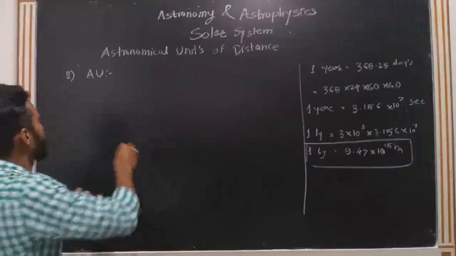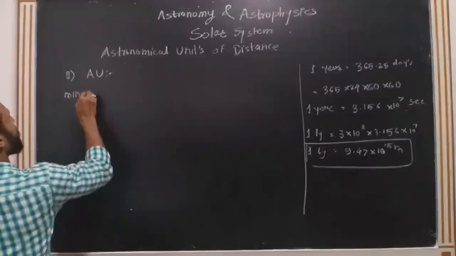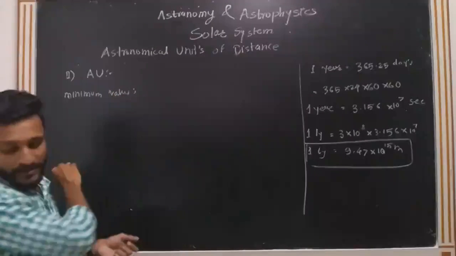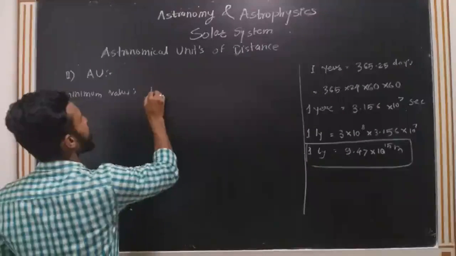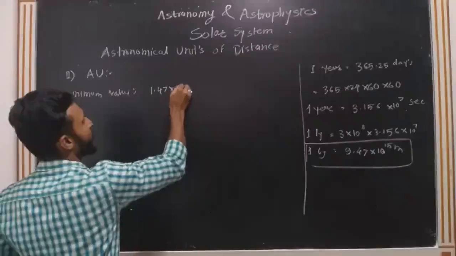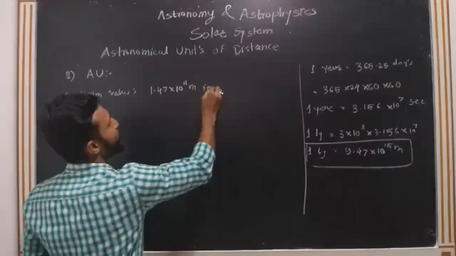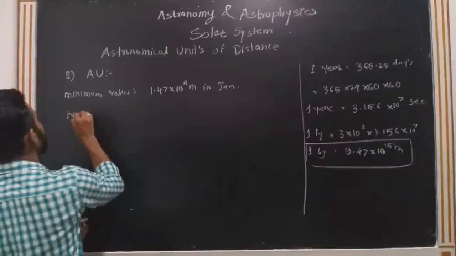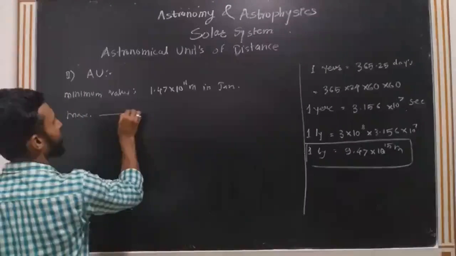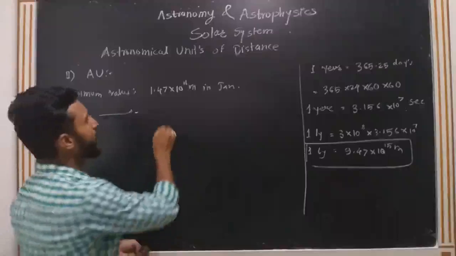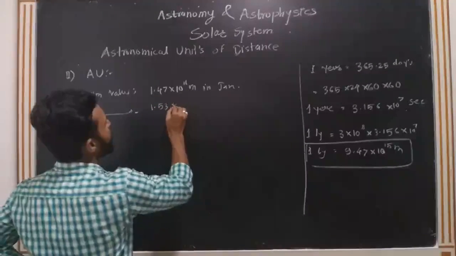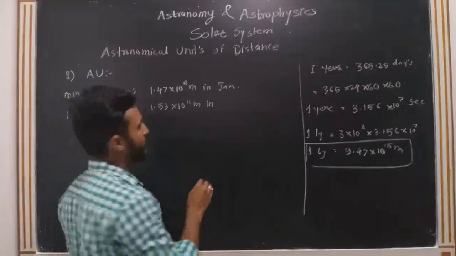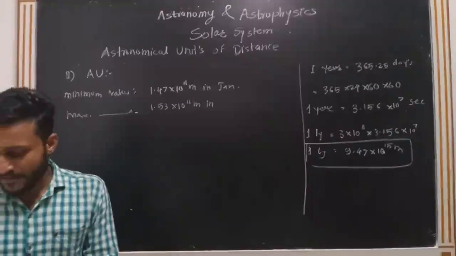Its minimum value is around 1.47 into 10 raised to 11 meter in January, and its maximum value is 1.53 into 10 raised to 11 meter in July.